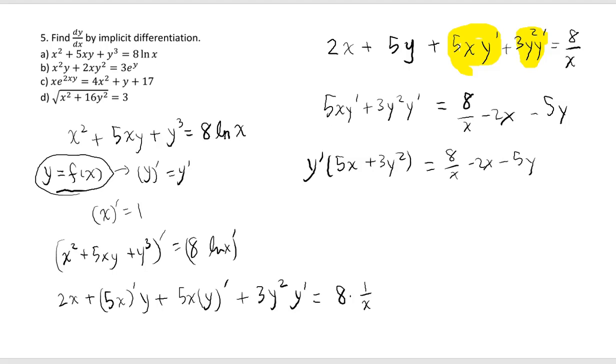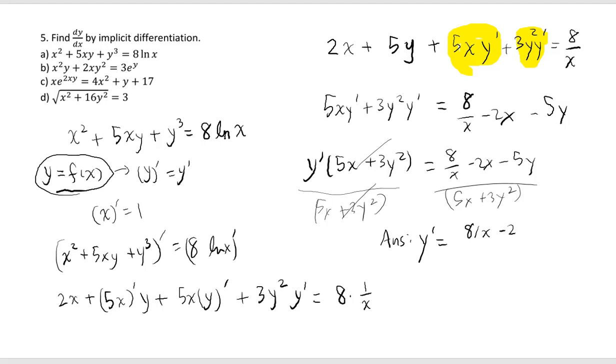And now you divide both sides by 5x plus 3y squared, so these will cancel and you're left with the answer, which is y prime is equal to 8 over x minus 2x minus 5y, all over 5x plus 3y squared.